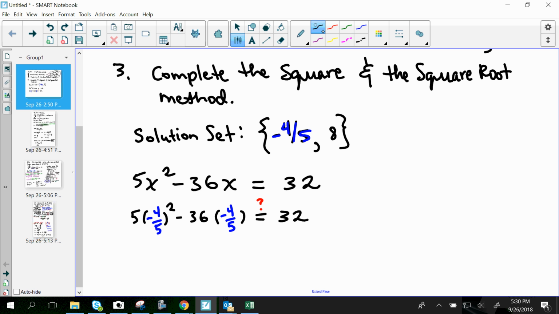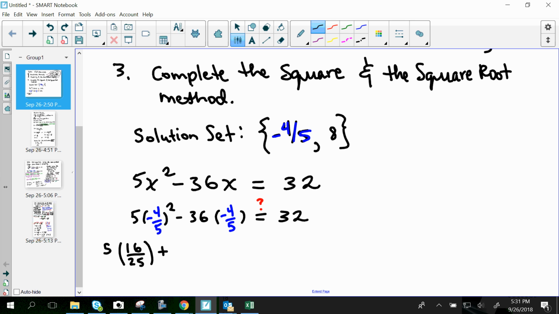So then we'll have 5 times 16/25 minus, or plus rather, because we have a negative times a negative, 36 times 4.